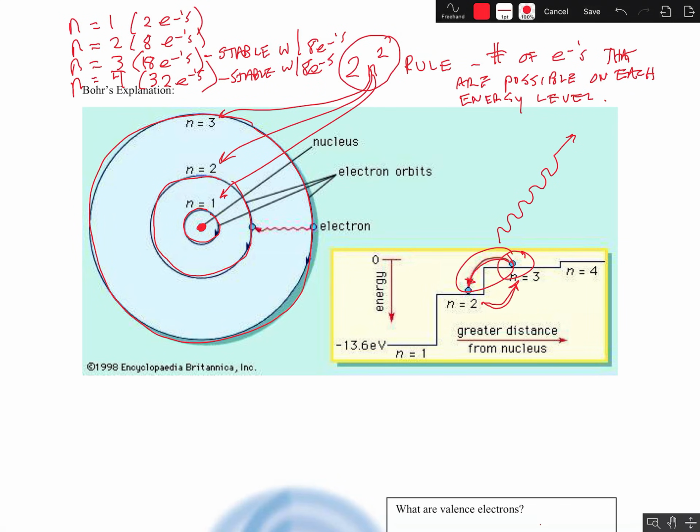In fact, that can be said about any energy level after the first, that it becomes stable with 8 electrons in it. And you'll notice when we start talking about noble gases that they will always have in their highest energy level 8 electrons. There's something very stable about having 8 electrons, or we like to say 4 pairs of electrons in that farthest energy level.